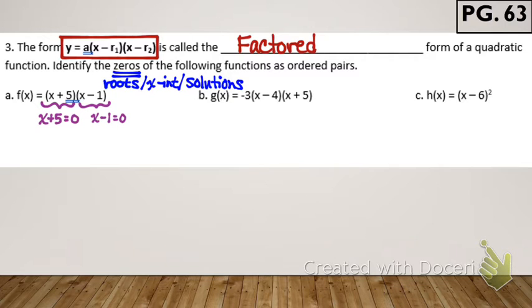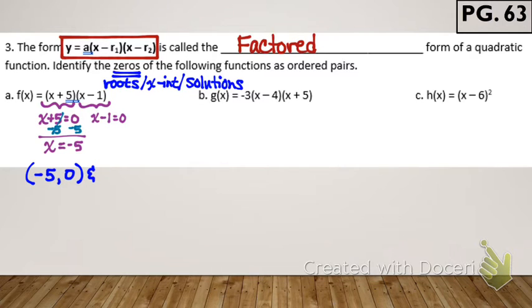So what would I need to do to find the roots, the x-intercepts? Minus 5 on both sides. So I get that x equals -5. They want me to write this as an ordered pair. So what would this ordered pair look like? -5 and then 0, yes.